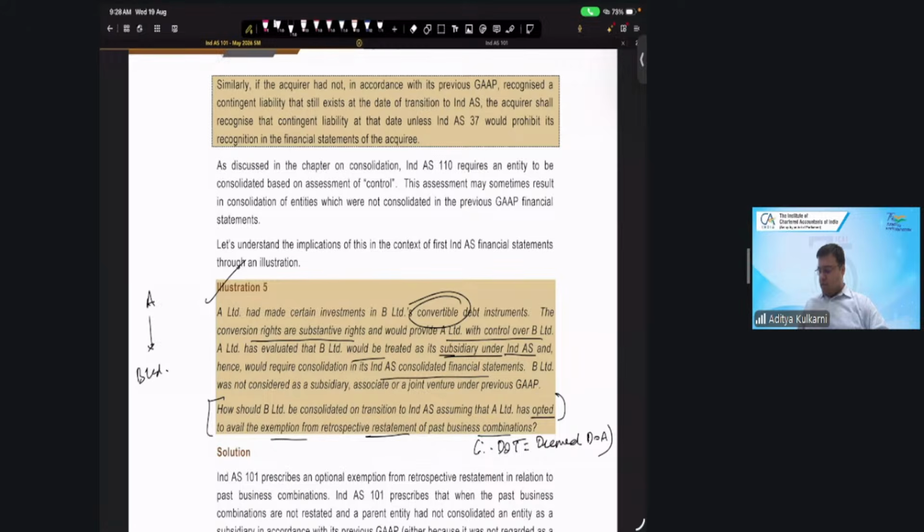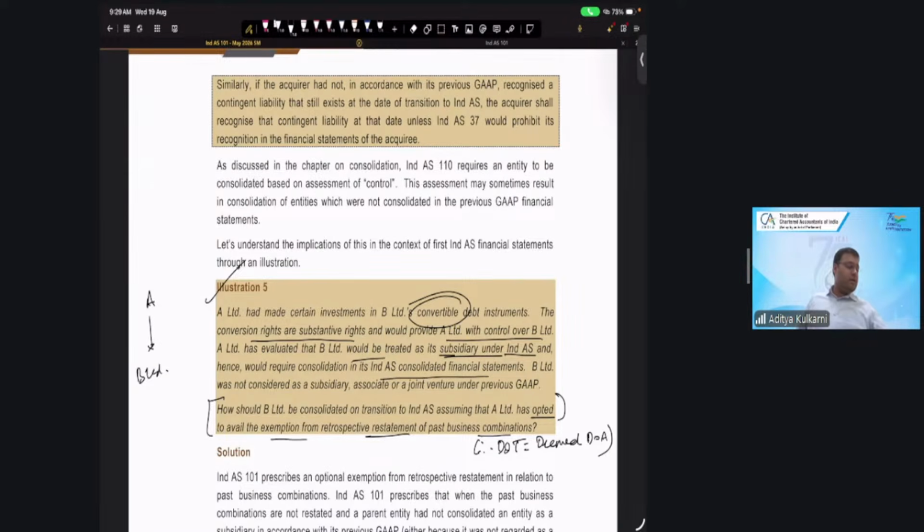B Limited was not considered as a subsidiary, joint venture, or associate under previous GAAP. How should B Limited be consolidated on transition to Ind AS? Assuming that A Limited has opted to avail the exemption from retrospective restatement of business combinations.